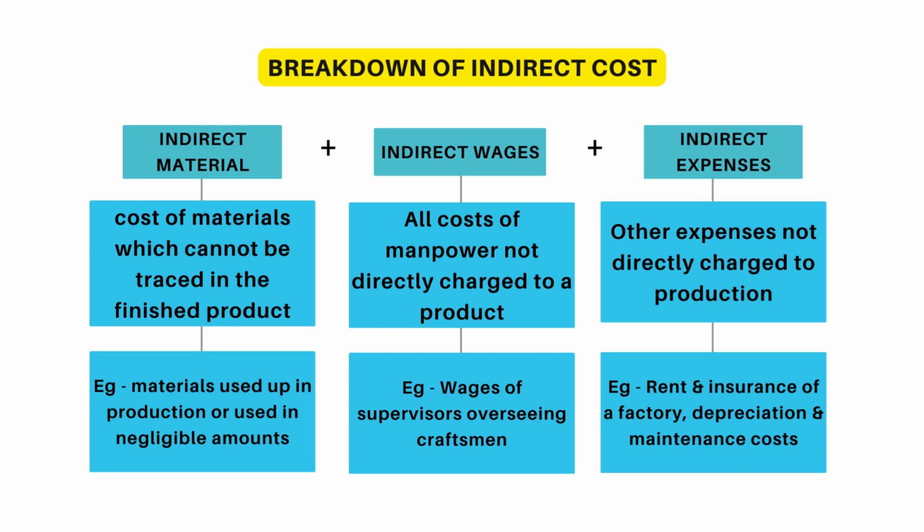These are wages of supervisors overseeing craftsmen who actually make the product. Plus, indirect expenses, other expenses not directly charged to production. Example, rent and insurance of a factory, depreciation and maintenance costs.